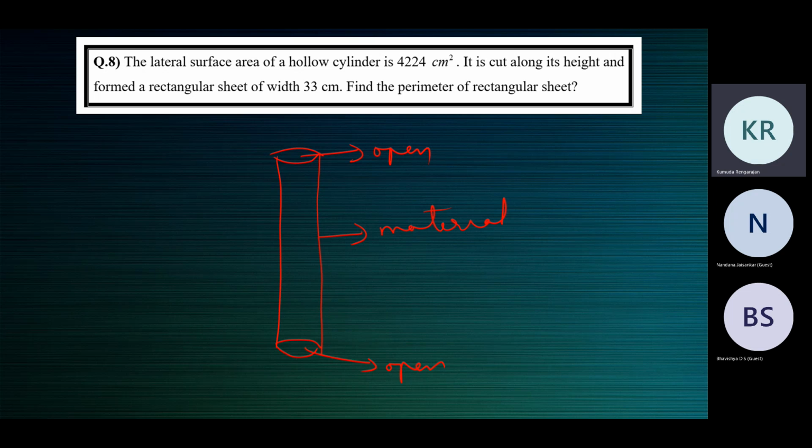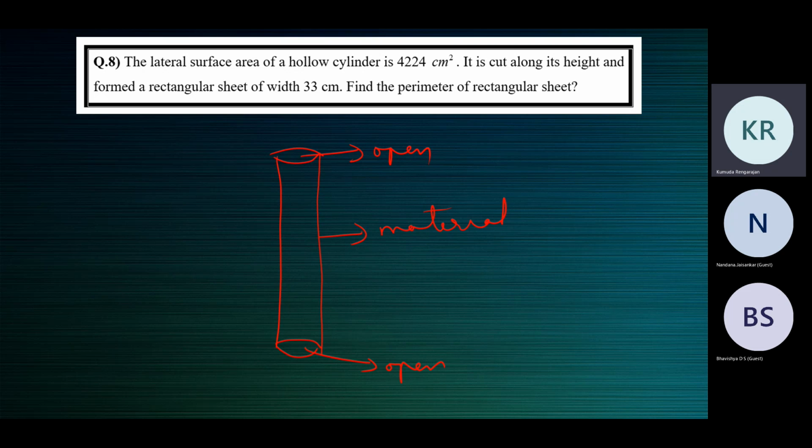For the top circle and the bottom circle, there is no material used. It's open, so you can see through the pipe from one end to the other end. That is a hollow cylinder, where there is no material used to cover the circles on the top and bottom.